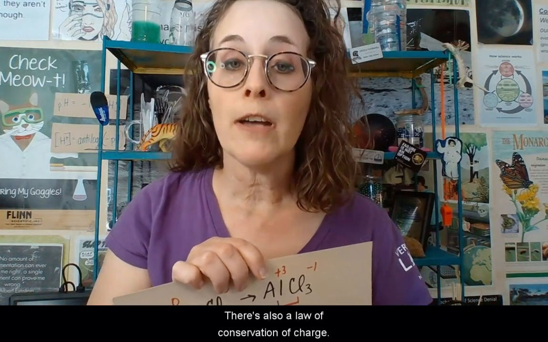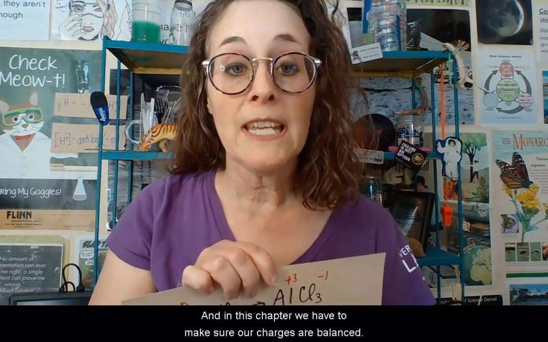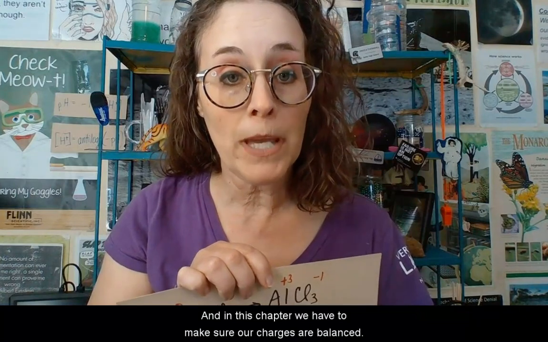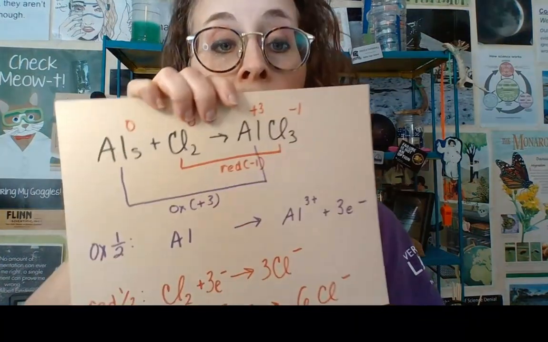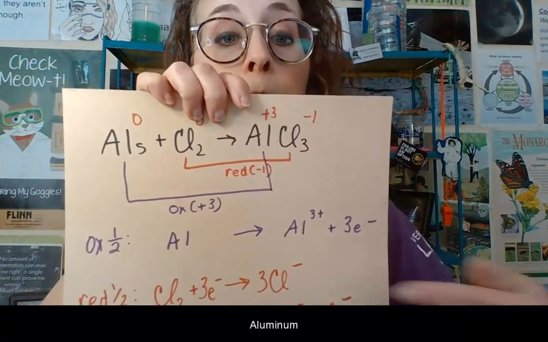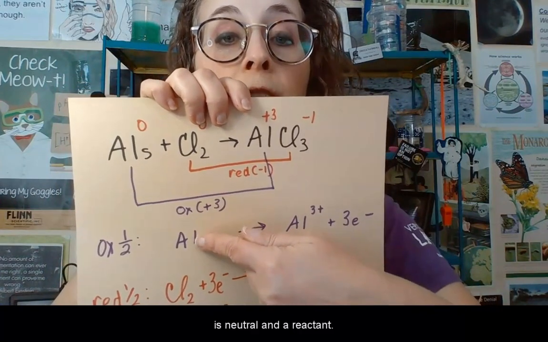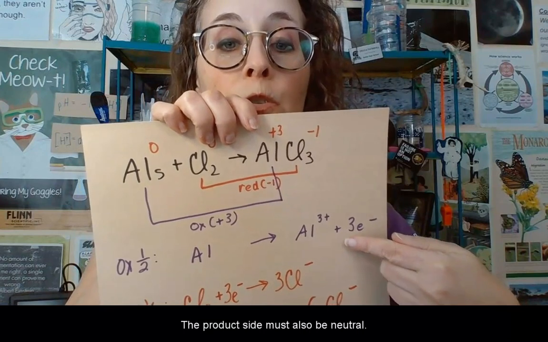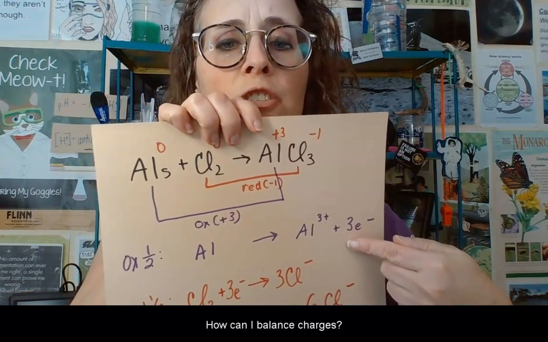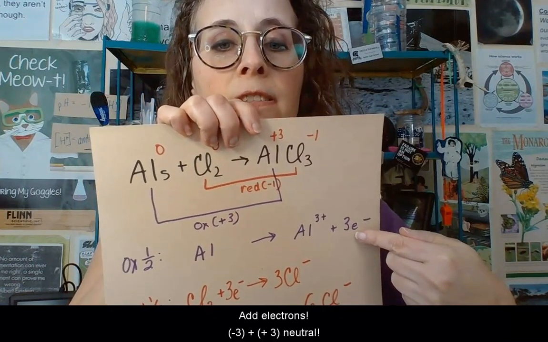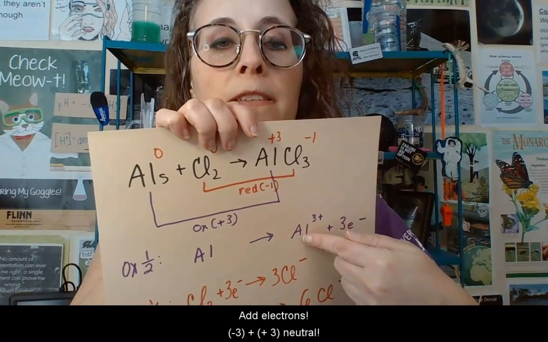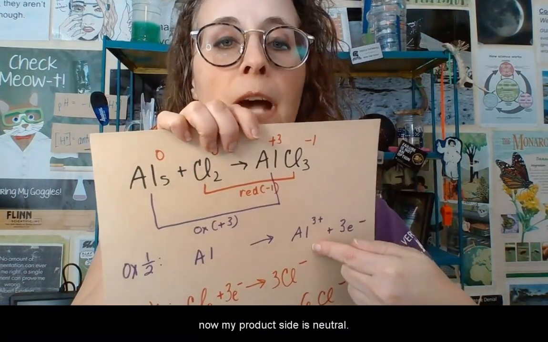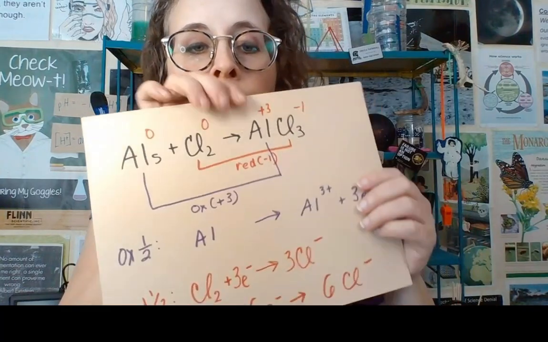There's also a law of conservation of charge, and in this chapter, we have to make sure our charges are balanced. Aluminum is neutral as a reactant, so the product side must also be neutral. How can I balance charges? Add electrons. -3 plus +3, neutral. Now my product side is neutral.